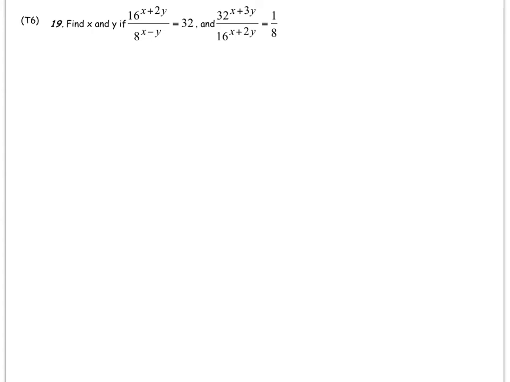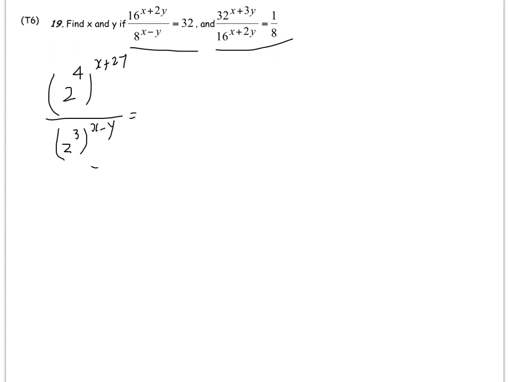The last question is to find x and y if we have these two relationships. First, I'm going to simplify this one. 16 I can write as 2 exponent 4, so I can write 2 exponent 4 exponent x plus 2y, divided by 8, which I can write as 2 exponent 3 exponent x minus y, is equal to 32, which is 2 exponent 5.